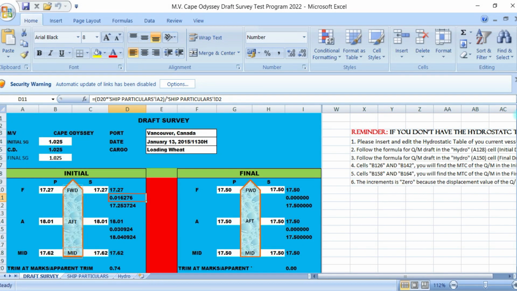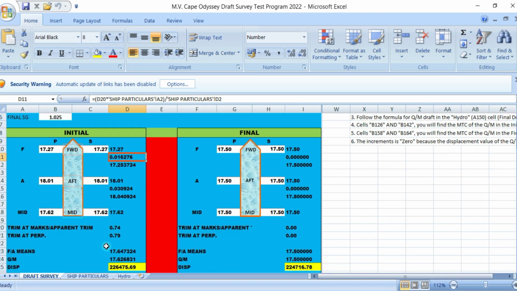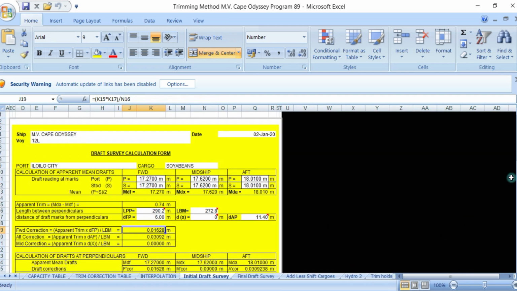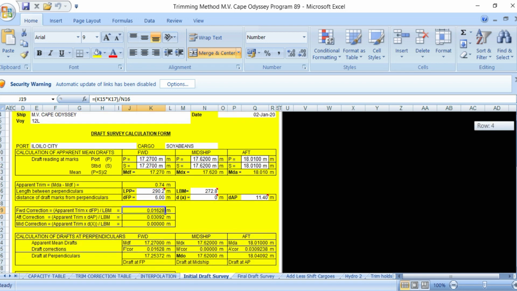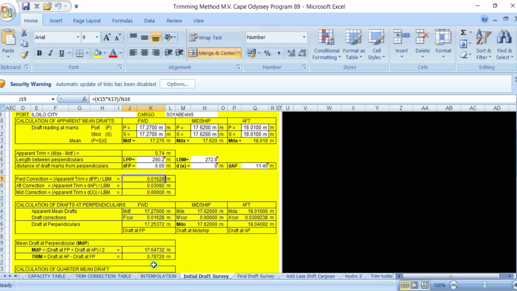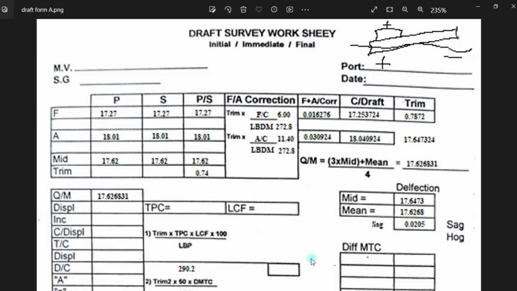This is already rounded up, or 0.79. Or this one, the trim is 0.7872, which is this one, the corrected trim.